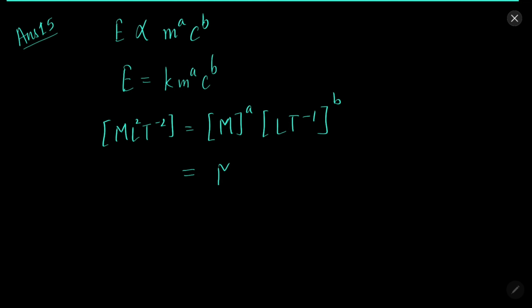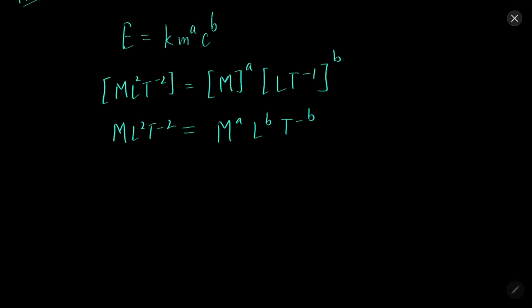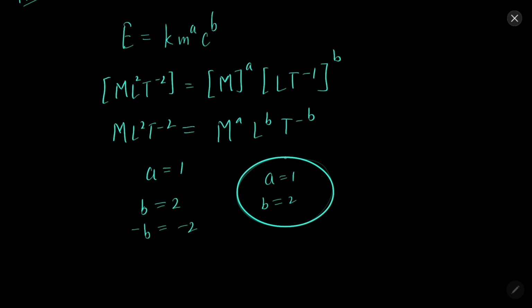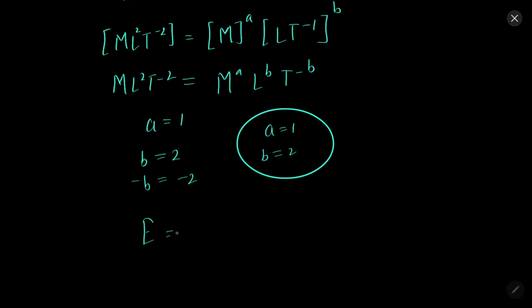Once we simplify and compare, a will be equal to 1 and b will be equal to 2. So energy will be equal to k m c square.